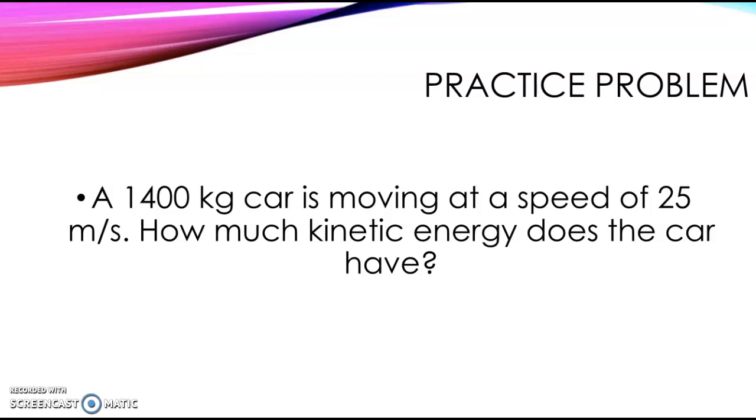Once again, all we have to do is plug it right into the formula. As I said in the last practice problem, for that half in the formula, I just put 0.5. Then you multiply 0.5 times 1,400 times 25 squared.